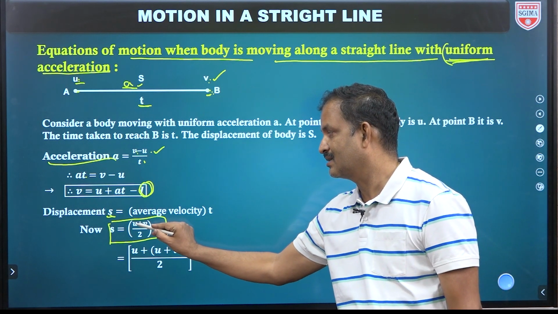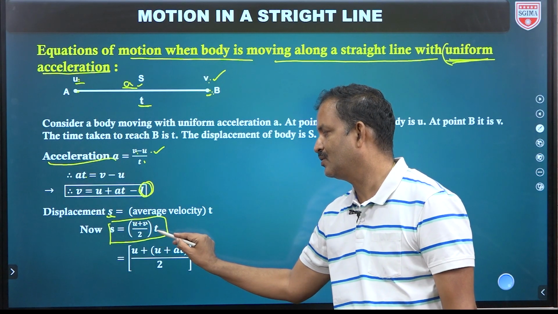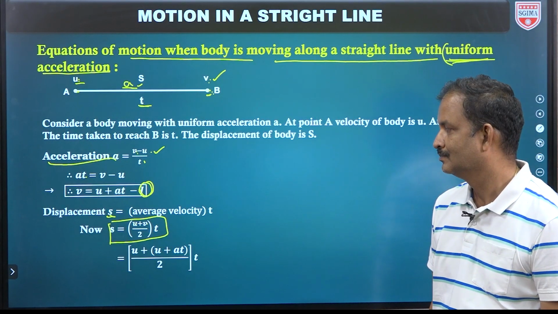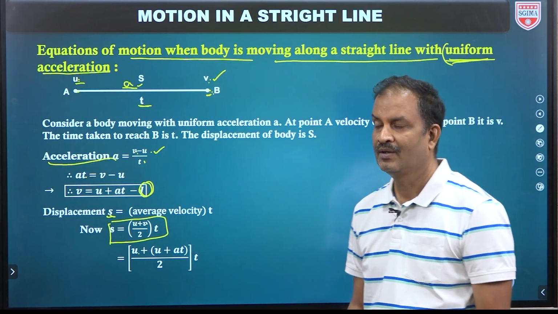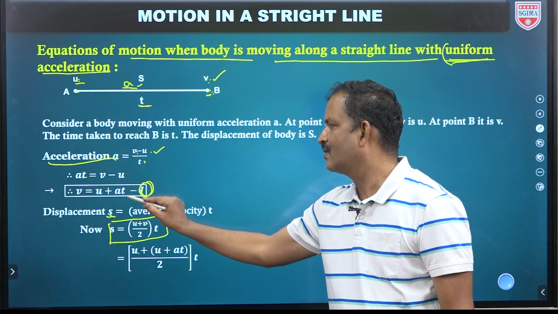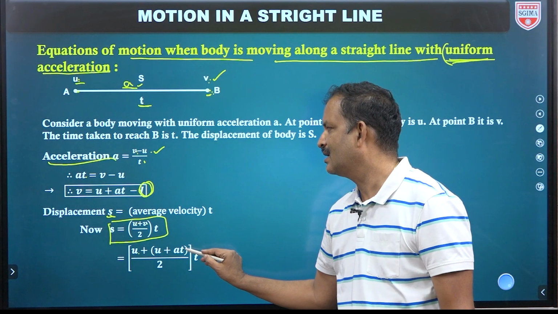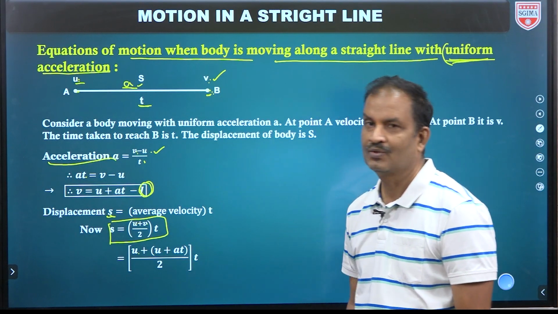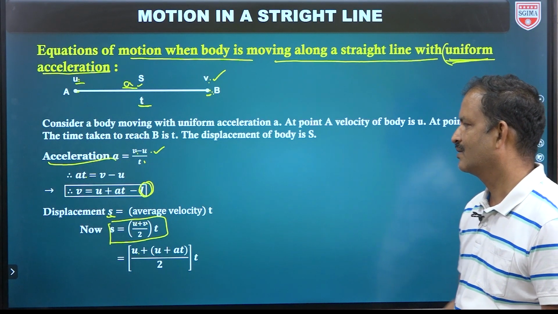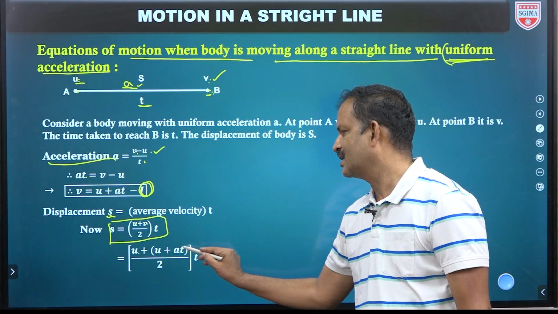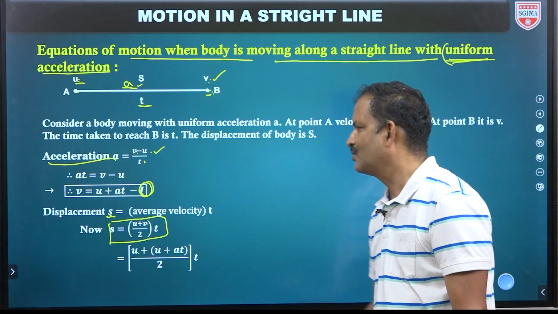Average velocity, u plus v by 2, into t. Now, we already have the v value, so I am substituting v here: u plus at by 2, into t.